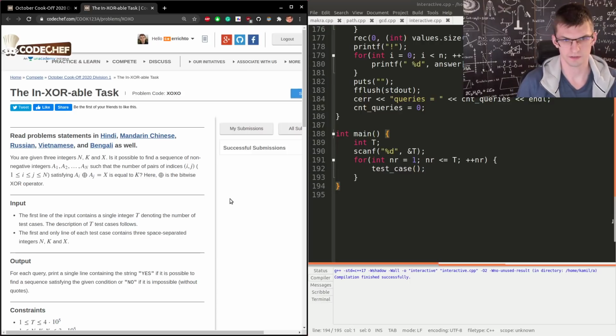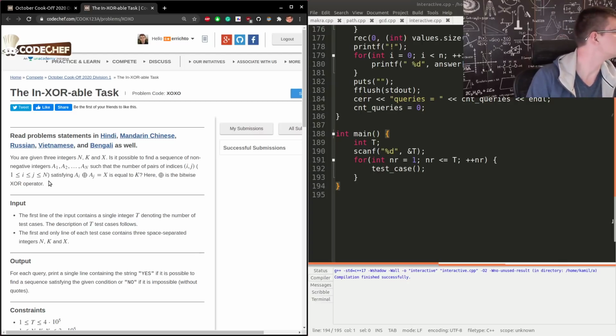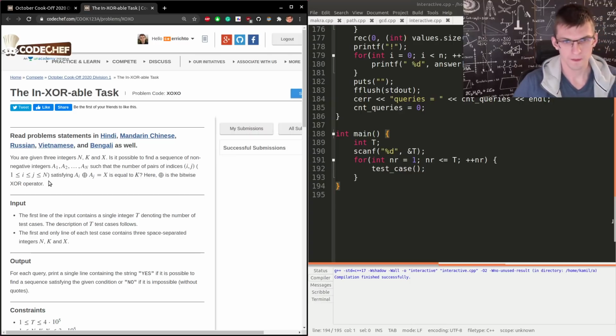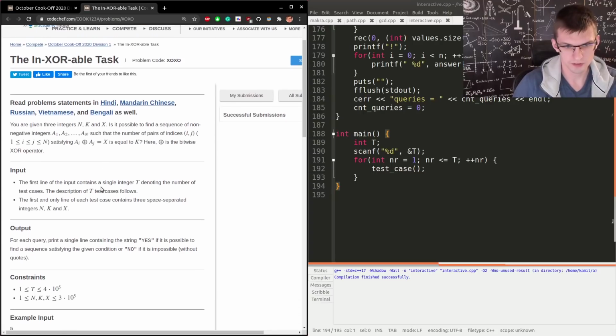Given length. This is smaller equal. This is smaller equal, and there is something special.